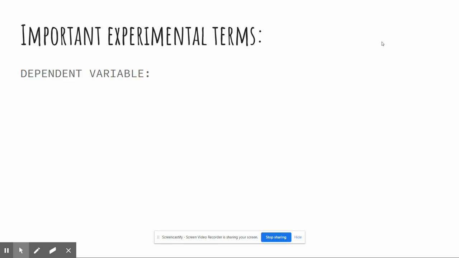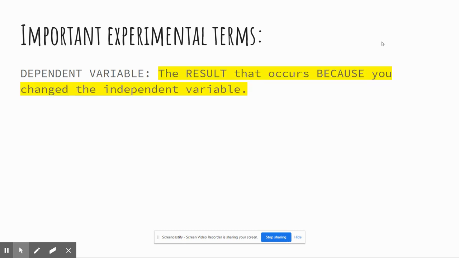And on the other side, we have a dependent variable. So an independent variable is the thing that you choose to change. A dependent variable is basically that varied result, okay? It's the result that occurs because you changed the independent variable.